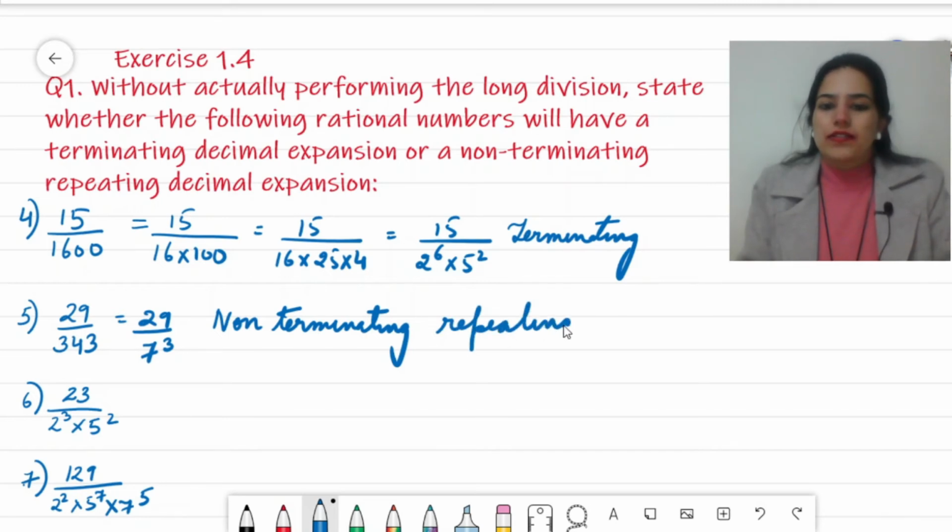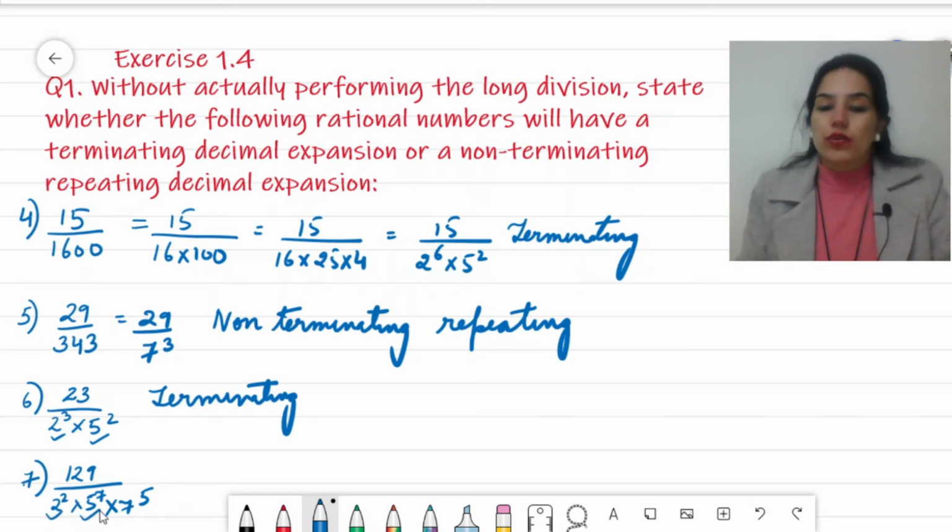Then the next part is the sixth part. It is already given in factors: 23 by 2 cube into 5 square. We can see only 2's and only 5's. So therefore this will be a terminating decimal expansion. Then the seventh part, let's look at the denominator straight away: 2 square 5 7 raised to power 5.